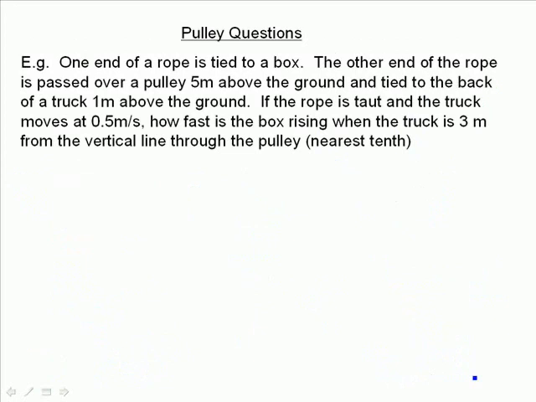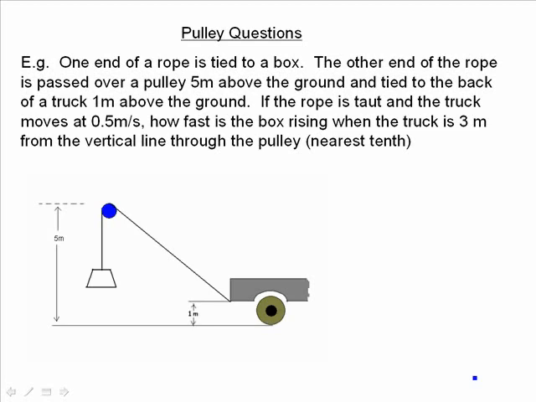We've got the end of a rope is tied to a box. Now, I'll give the diagram right away so that we can make some sense of this. The other end of the rope is passed over a pulley 5 meters above the ground and is tied to the back of a truck 1 meter above the ground. So the guy in the truck is trying to lift the box or whatever weight that he's got above the pulley.